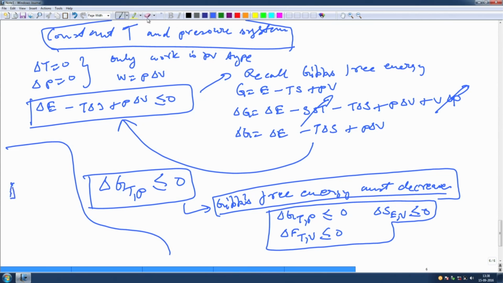That means we can show that delta E, that is the change in internal energy, at constant S, V is less than equal to 0, or rather, delta H at constant S, P should be less than equal to 0. So, these are equivalently other systems that you can prove also follow a similar type of framework. So, for all the systems, the stability part can be represented in this kind of form.